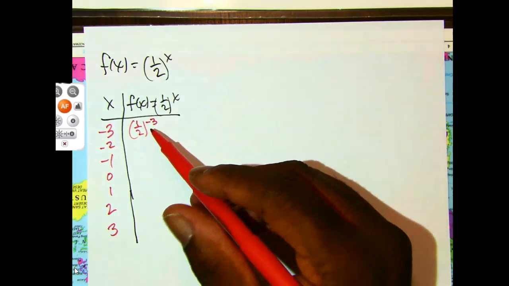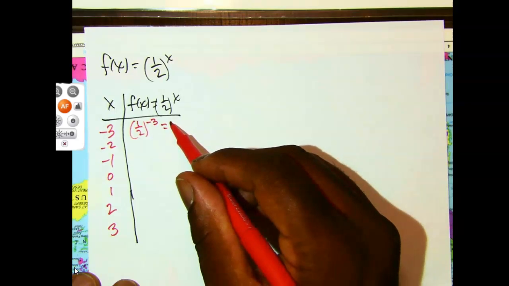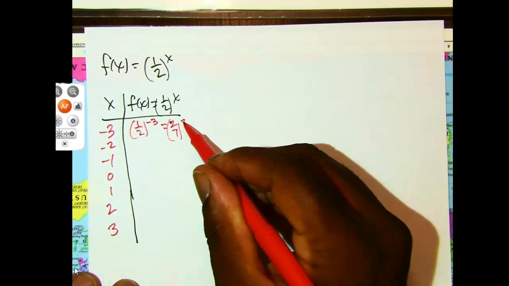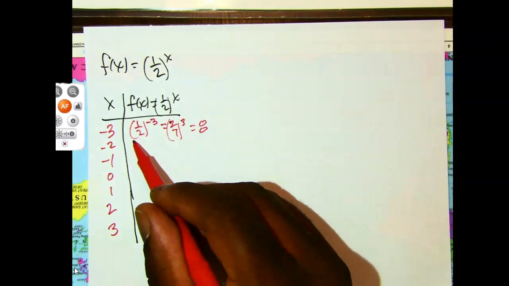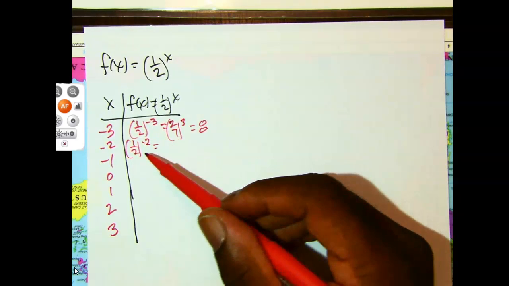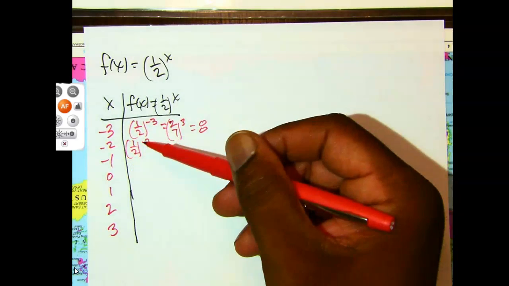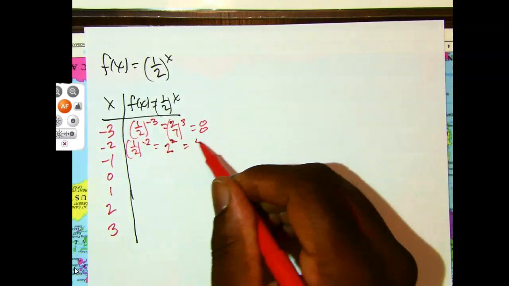So 1/2 to the -3rd power is the same thing as 2/1 to the positive 3rd power, or 2 to the 3rd, and you have 8. 1/2 to the -2nd power is the same thing as the reciprocal 2/1, or 2 to the positive 2nd. So we get 4.